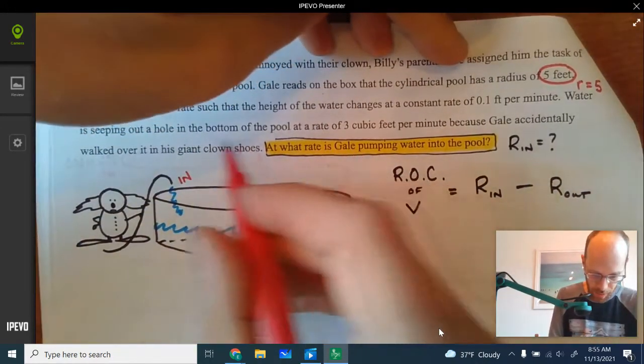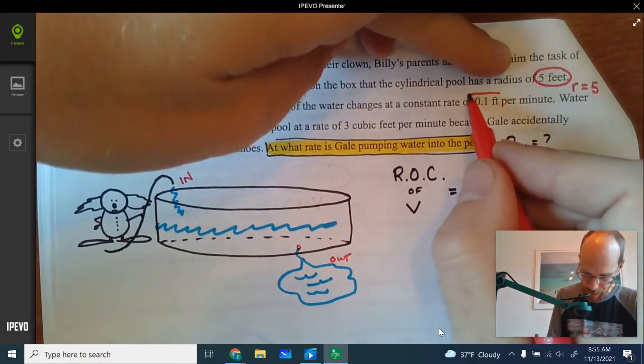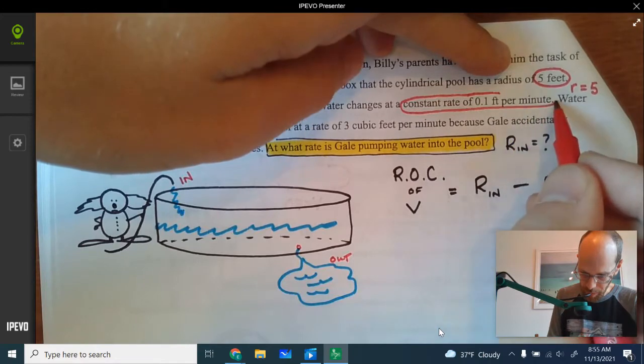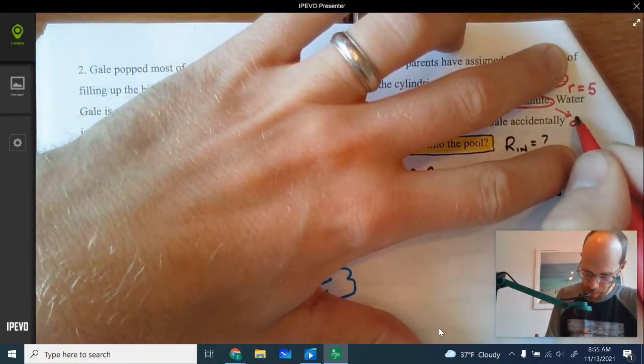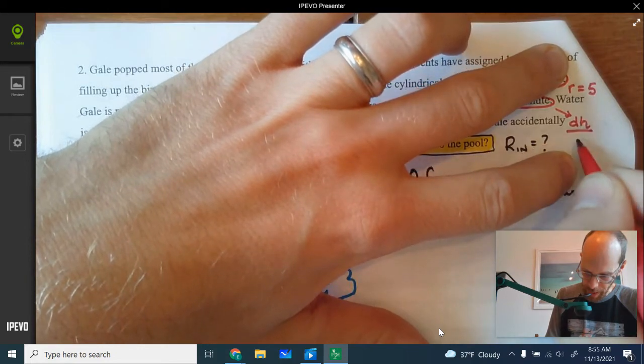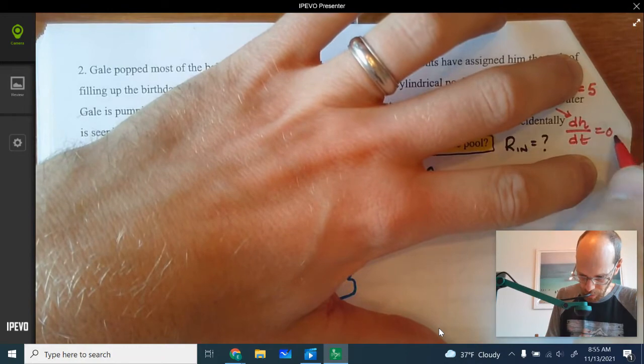It also says here that the height of the water changes at a constant rate of 0.1 feet per minute. So that would mean the rate of change of h, for height, is 0.1.